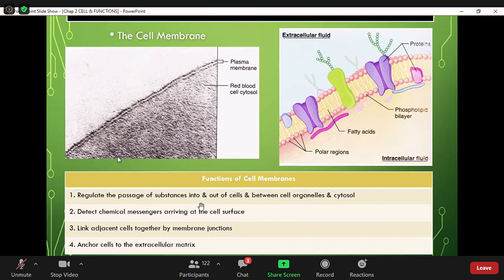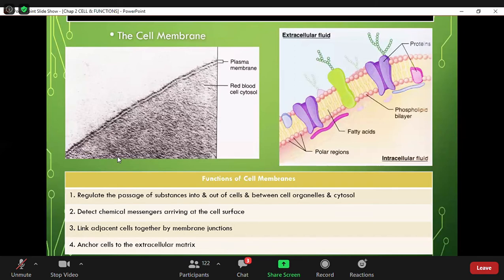They regulate the passage of substances into and out of the cells and between cell organelles and cytosol. They detect chemical messengers arriving at the cell surface and link adjacent cells together by membrane junctions. And they anchor cells to the extracellular matrix, your cell membrane.